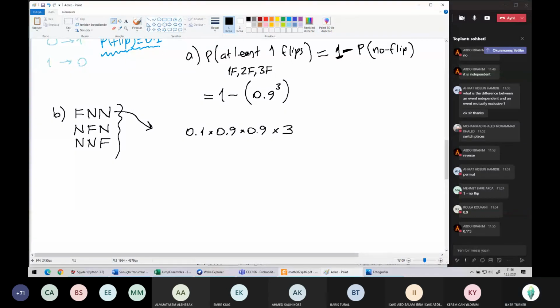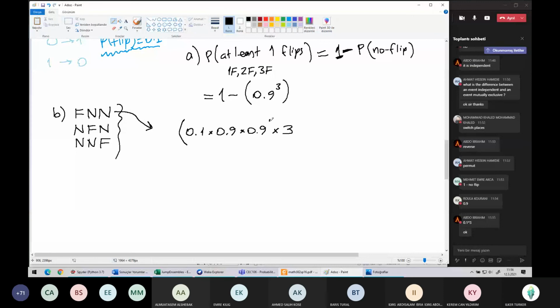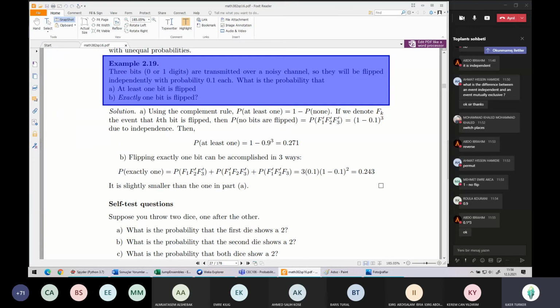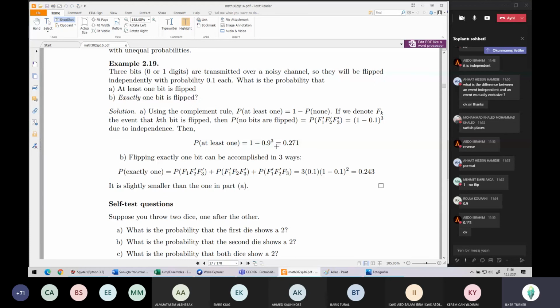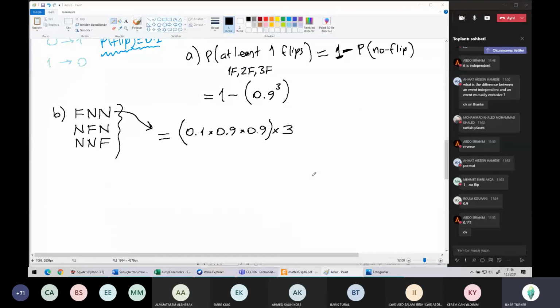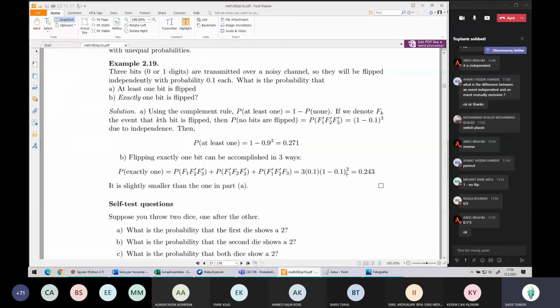This is the probability for 1 flip, 2 no flips, and we have 3 different expressions for it. So we multiply it with 3. Let's check if it is true. It's 1 minus 0.9 power 3. Second one is 3 times 0.1, 0.9 square. Yes.